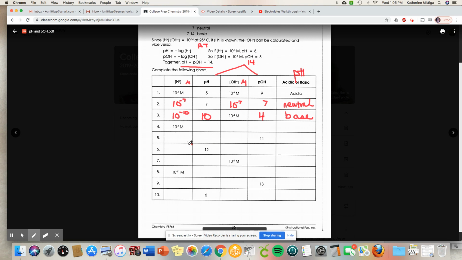If you have a concentration of 10 to the minus 2, that means your pH is 2. If your pH is 2, you should know that means acid. If your pH is 2, 2 plus X has to give you 14. That would be 12, which means your OH minus concentration has to be 10 to the minus 12. Notice that your exponents have to always add up to 10 to the minus 14.